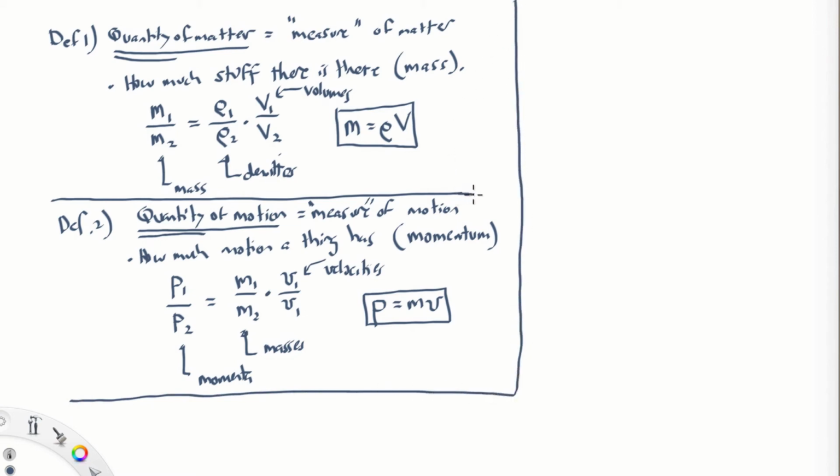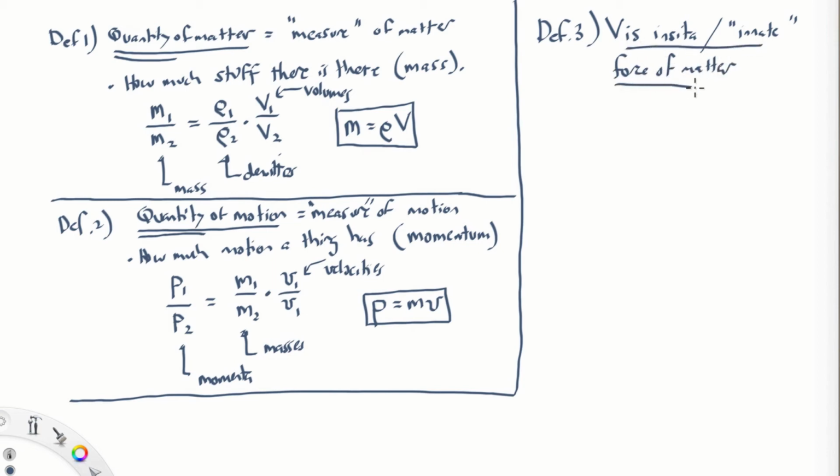What about definition 3? We can probably get through definition 3 and then I'll probably take a break. So definition 3 is vis insita, or the innate force of matter. What do we mean by vis insita? He describes it as a power of resistance to changes in the present state of motion or rest.